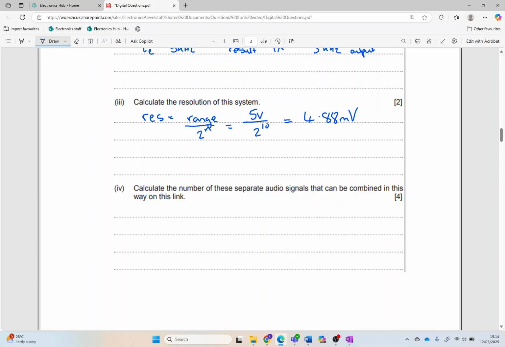Calculate the number of separate audio channels that can be combined into this link. Okay. So I might do this slightly differently to other people. So we've got our output. It's going to be sampled at 10 kilohertz. So we're going to do 10 bits.